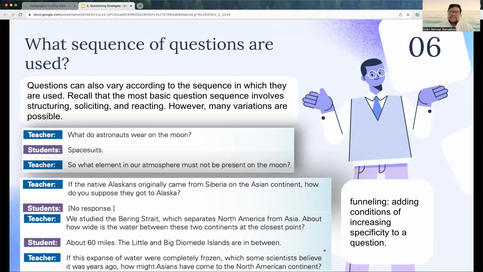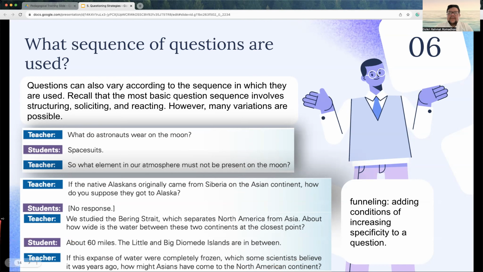in giving questions, some teachers prefer to go from very narrow questions and then move to a more general one, while other teachers go from general questions and then move to specific questions.